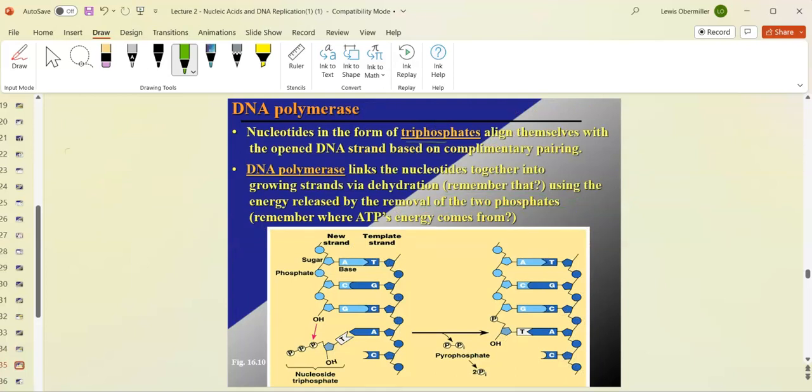So when we talk about this, we call them dNTPs. This stands for deoxy. And then we add this into a reaction, like if we're going to copy DNA in a test tube, we would use this. So these are deoxynucleotide. Remember, not nucleoside, nucleotide. And then these are triphosphates.